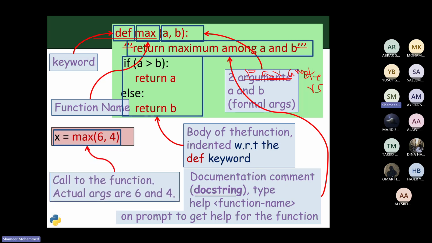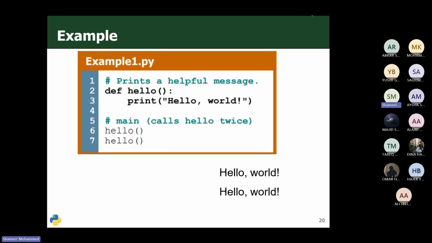This is the calling program with the arguments. So these two are called arguments. They are called args or argument. Right? So this is another program.